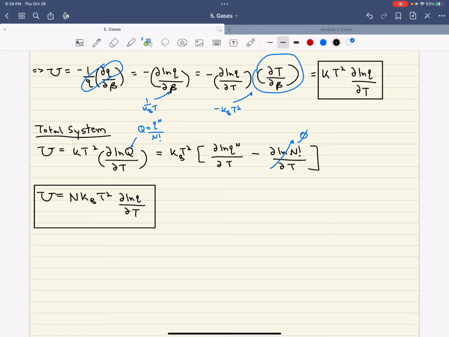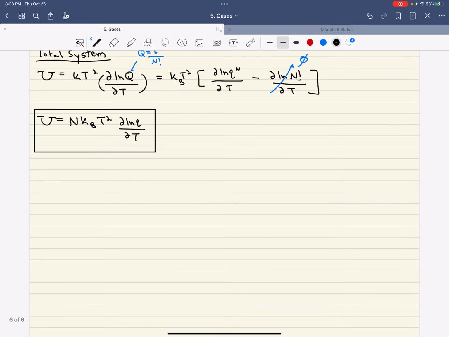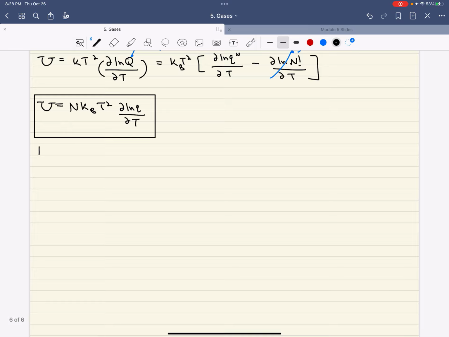Okay? The last thing I'm going to do: we calculated the internal energy. Let's now calculate the entropy of the system. So we're going to calculate entropy for a fixed TVN system with indistinguishable particles.